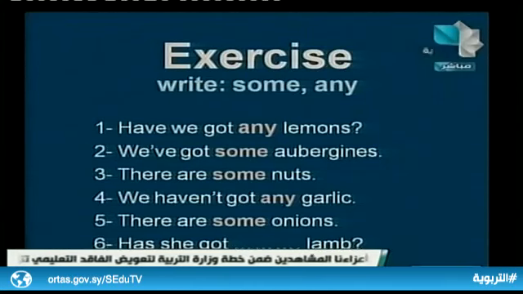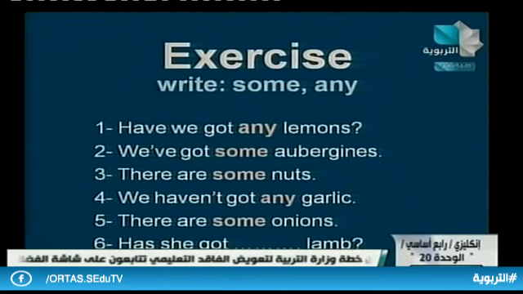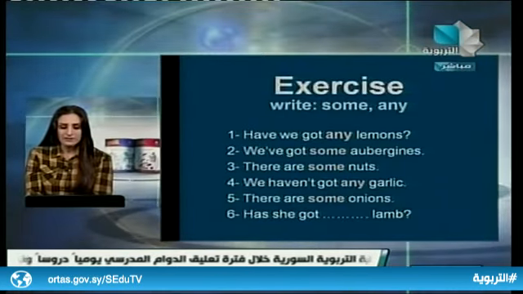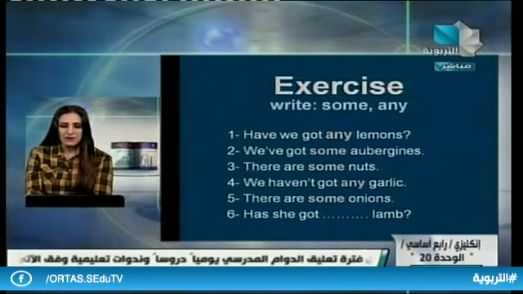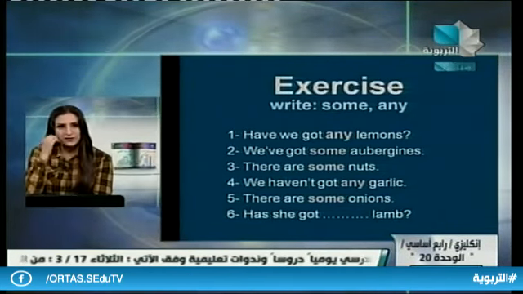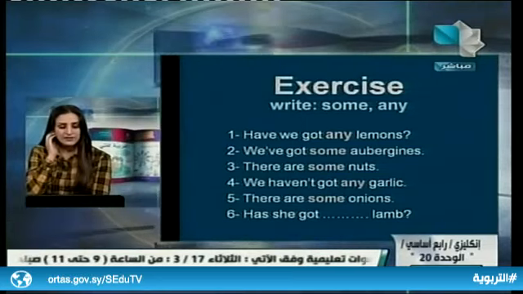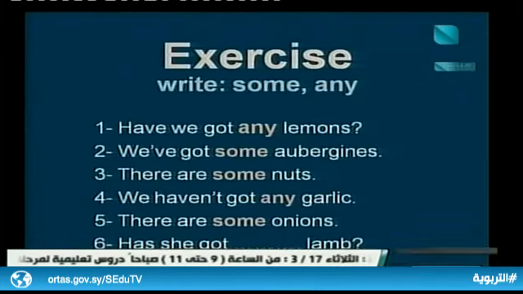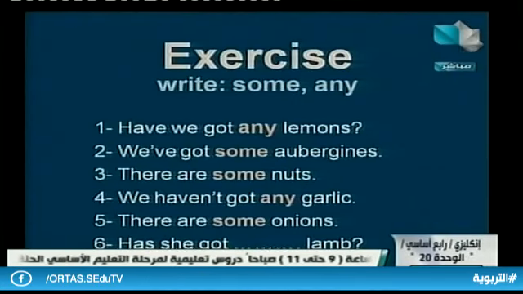Okay, now my students, we are going to repeat that we use some and any with countable nouns in the plural and with uncountable nouns. Our exercise, as we said, we choose the correct answer any because it's a question sentence. We've got some aubergines, it's a positive sentence.